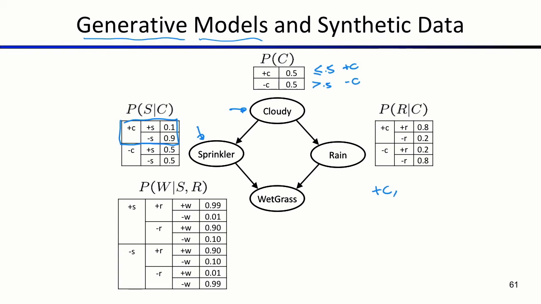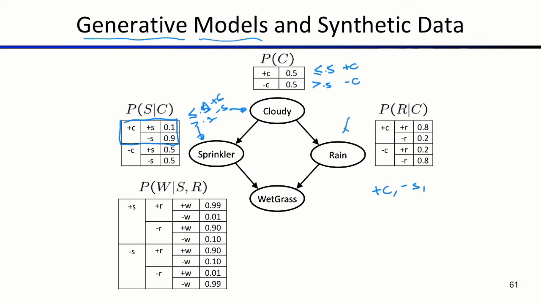If the value is less than or equal to 0.1, I'm going to give the value plus S. If it is larger than 0.1, I'm going to give the value minus S. Let's suppose that the value I obtain is minus S. So I continue with this process.